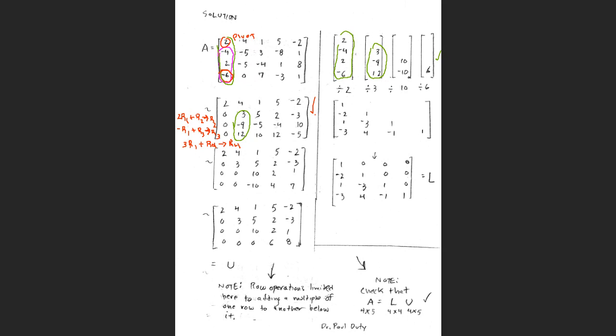Now what do we have to do? Well, we have to do some more row operations. We want to have zeros where the -9 and the 12 are. So we're going to do 3 times row 2 plus row 3, put the result in row 3.